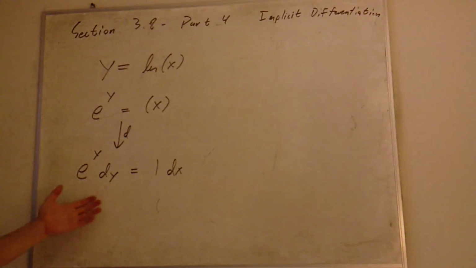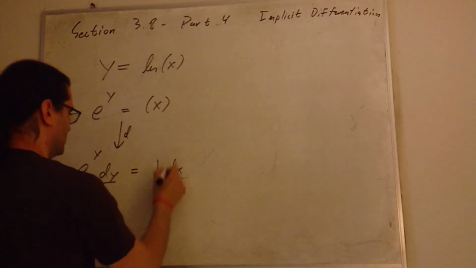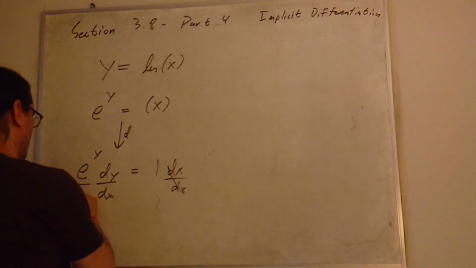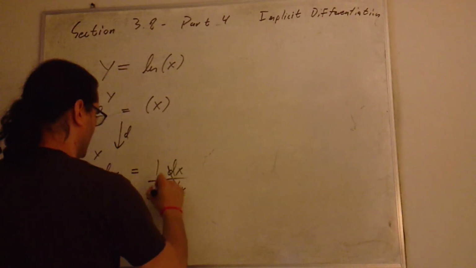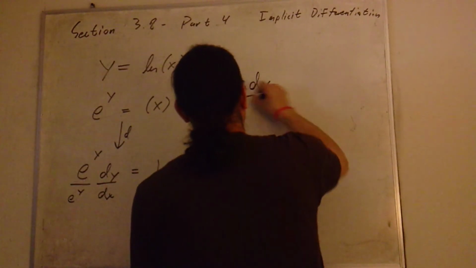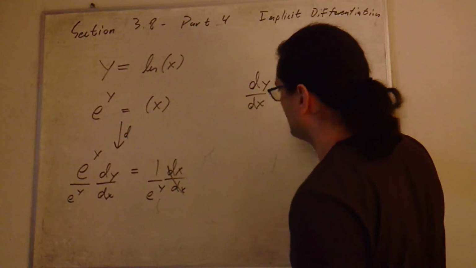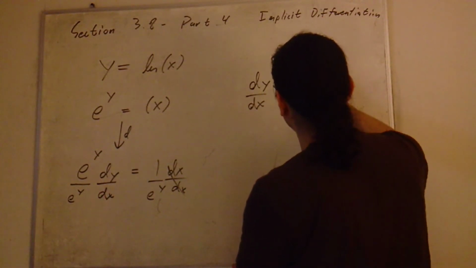So I need to divide everything by dx. So that cancels. I need to get rid of this e to the y. So I'll put an e to the y over there. So I have dy dx, the derivative of my function, equals 1 over e to the y.